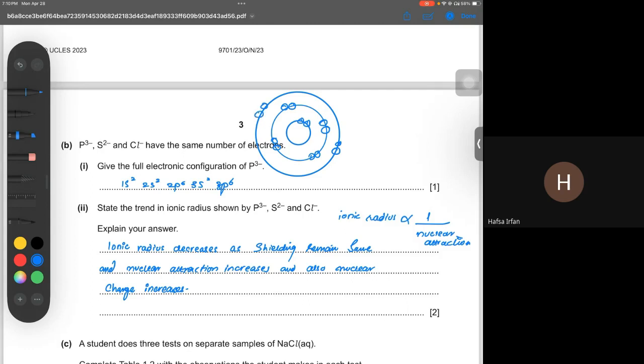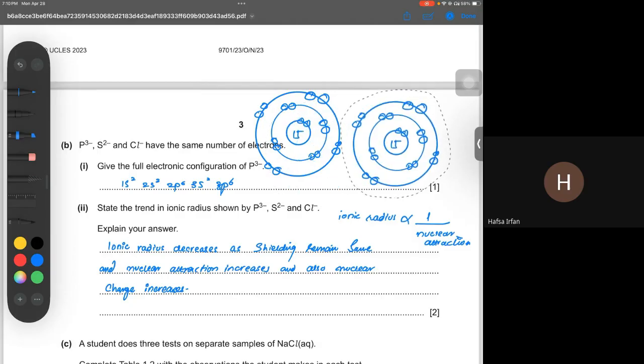Phosphorus is 15, but it has three more electrons, so it would be 18. How many protons are there in the nucleus? 15 protons. Same structure would be for the sulfur, but it would have 16 protons. That's what I'm saying.